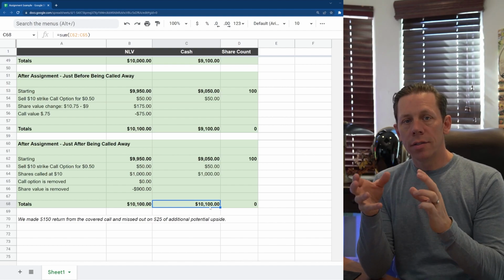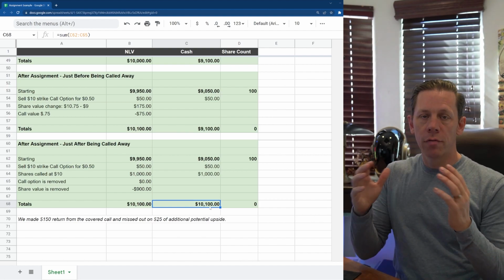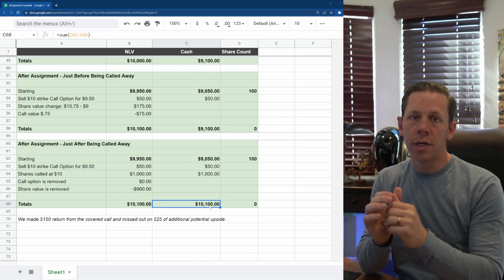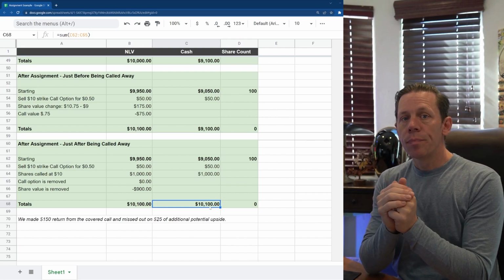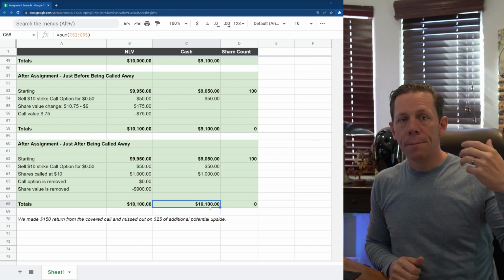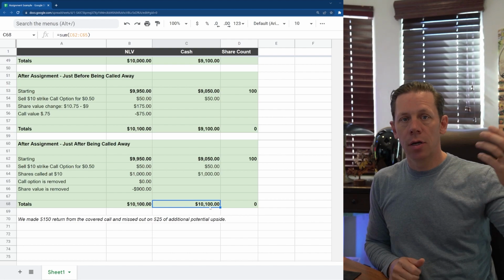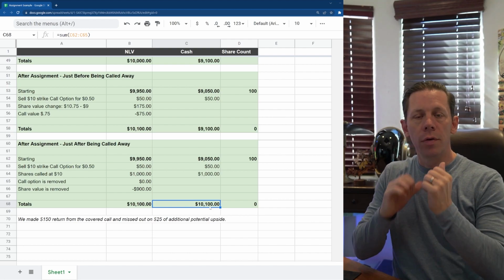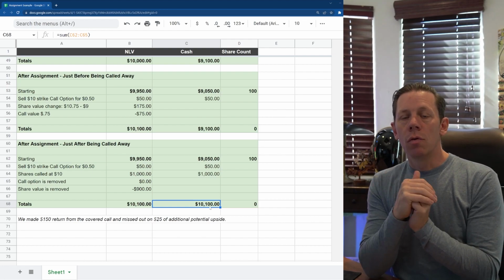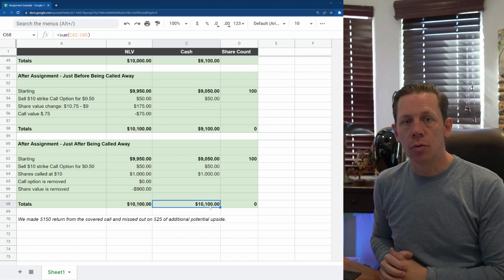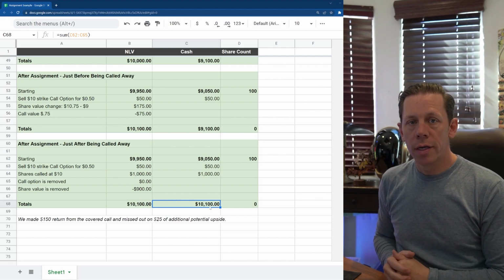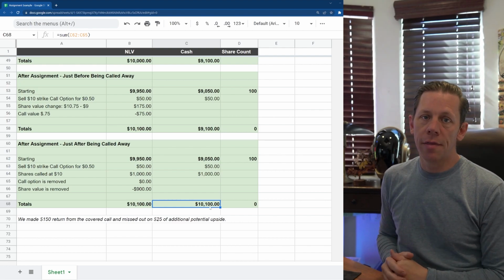We may want to do this if, for whatever reason, there's more liquidity on the put side for that particular equity than on the call side, or if we just want the cash in our account to manage through another assignment on another position, for example. Then we can dump the shares and sell another put, and in that way, we will still participate in the upside back to that $10 strike price. We'll go into that example in detail in the next video.